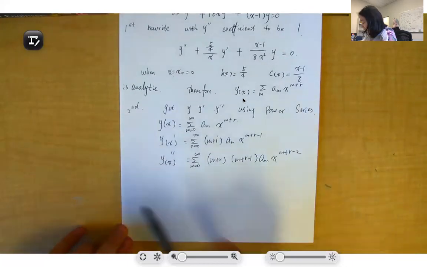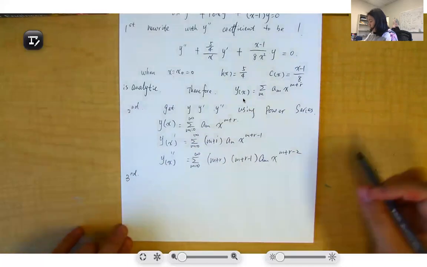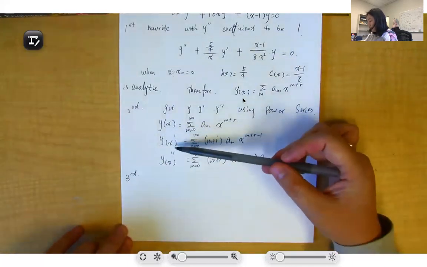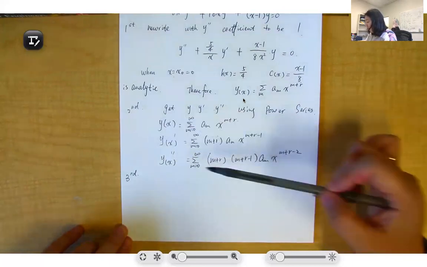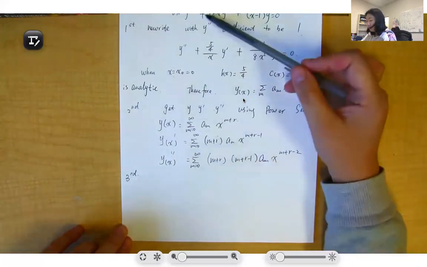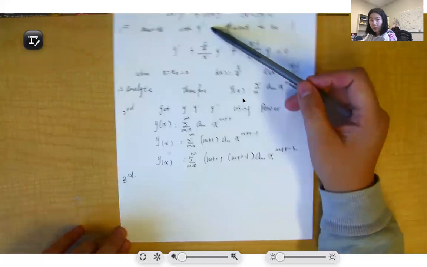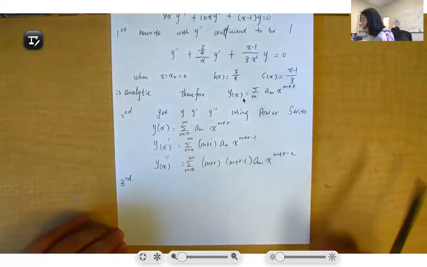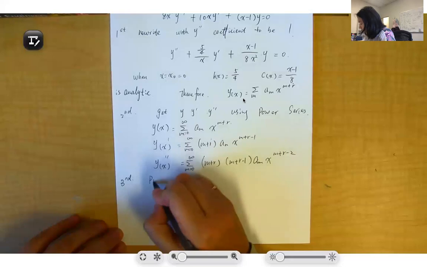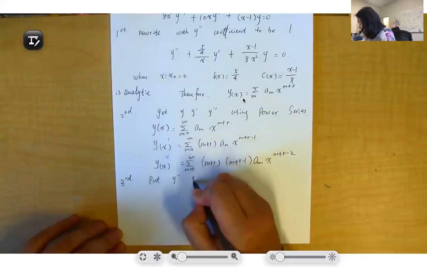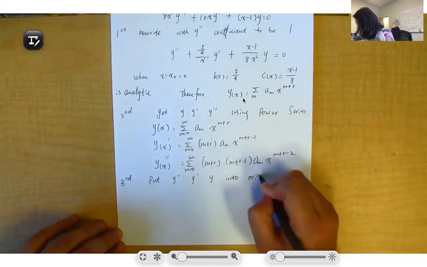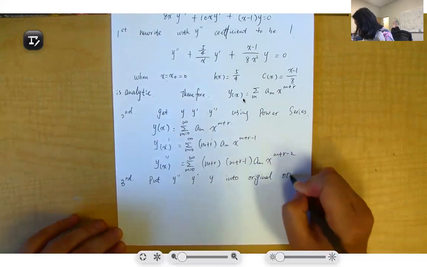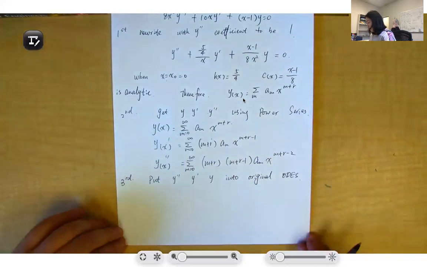Then the third step, after finding y prime and y double prime, is to put this power series format into our original ODE.